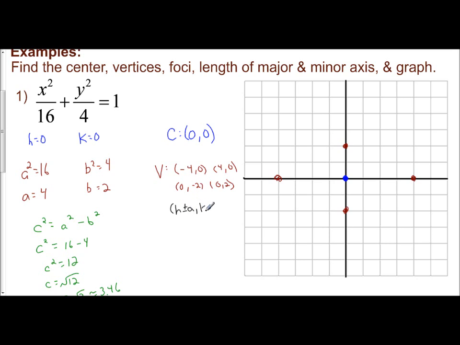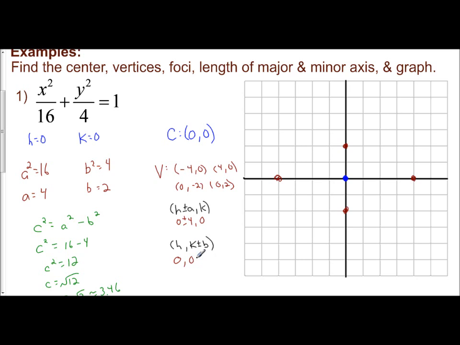If you were to use your formulas, the formulas said do h plus or minus a comma k, and do h comma k plus or minus b. Well, you have an h of 0 and an a of 4. So you do 0 plus or minus 4 comma your k, which is 0. So 0 plus 4 is 4. 0 minus 4 is negative 4. So it works. I get the same idea. Same thing here. Your h is 0.